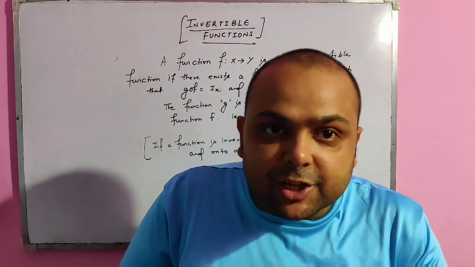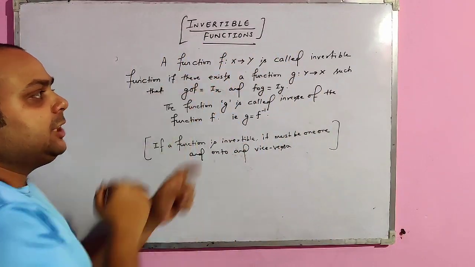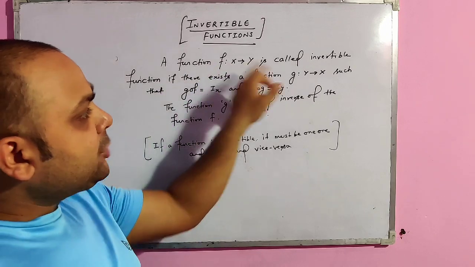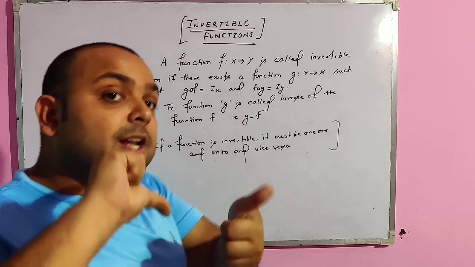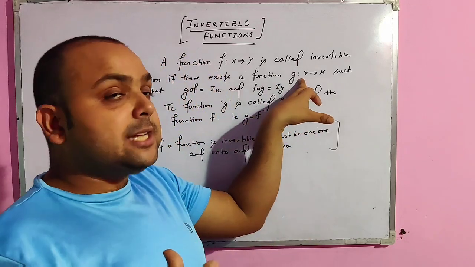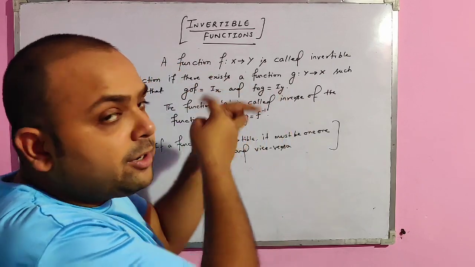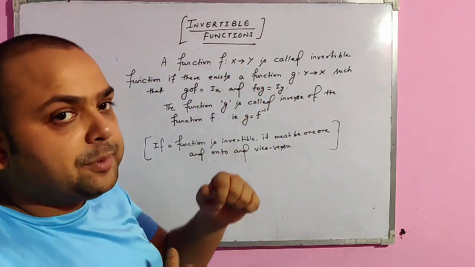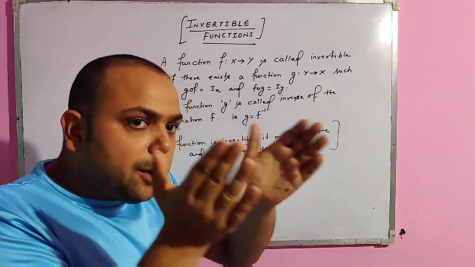There is one more definition regarding that. A function f from X to Y is called invertible if there exists another function g from Y to X, so both are inverses of each other. The function f represents X to Y and g represents Y to X, just opposite.